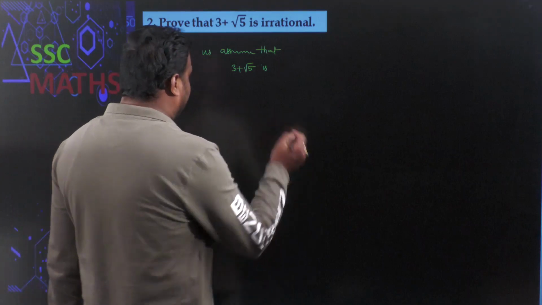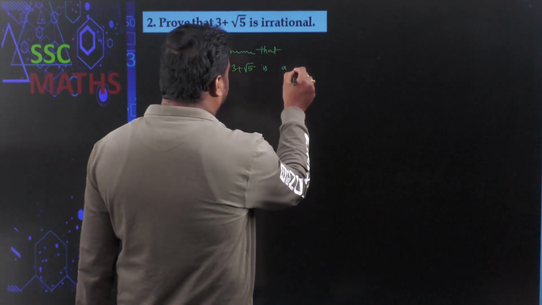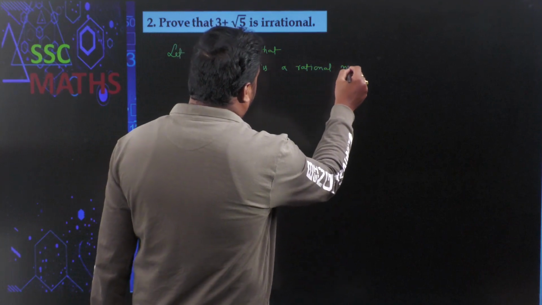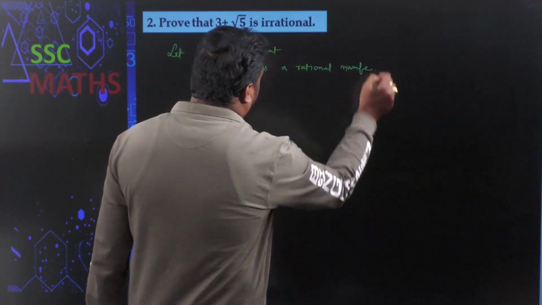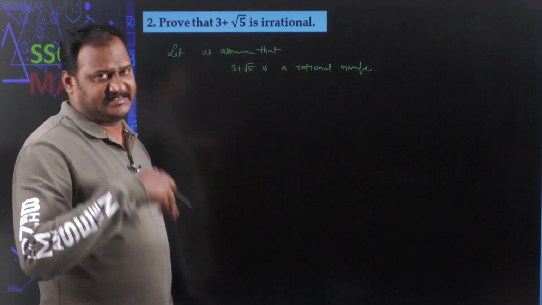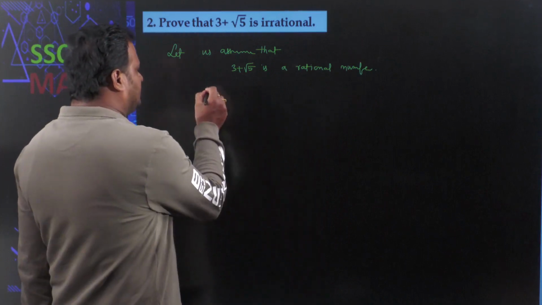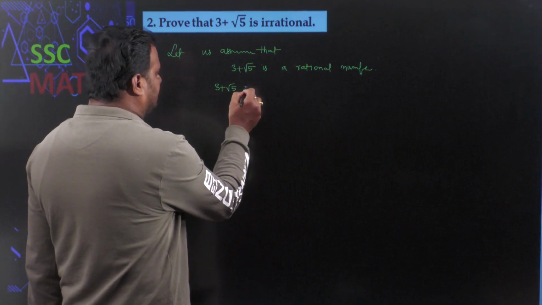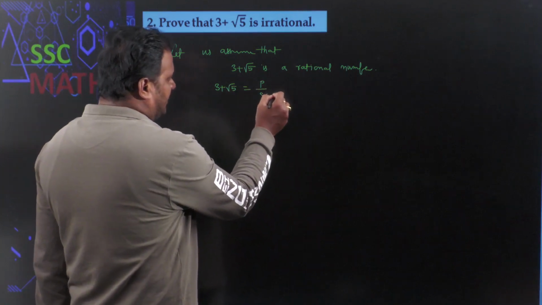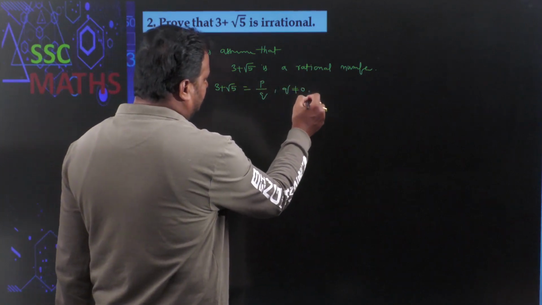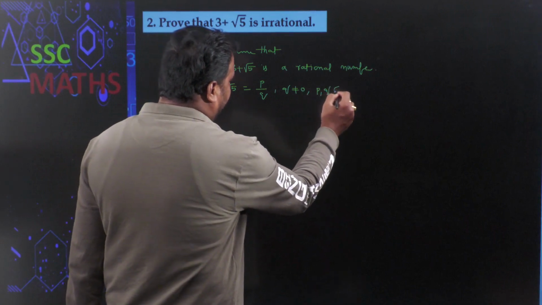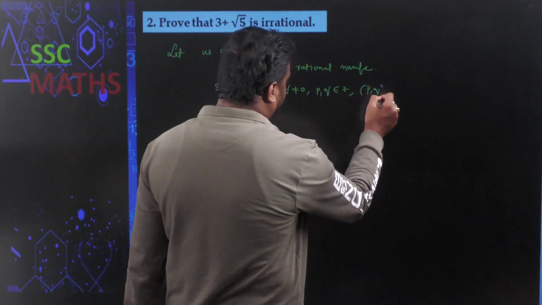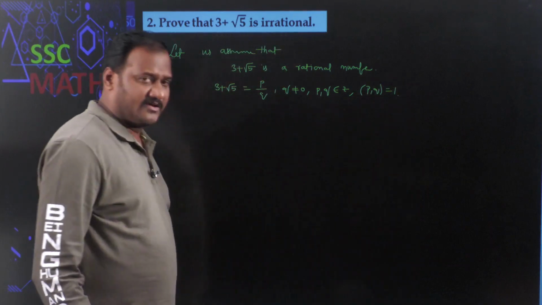Since it is a rational number, as in the previous problem, 3 plus root 5 is equal to P divided by Q, where Q is not equal to 0, P and Q are integers, and HCF of P and Q is equal to 1.